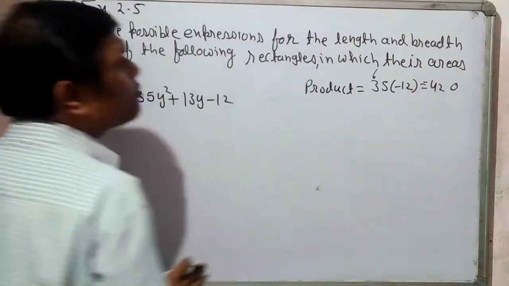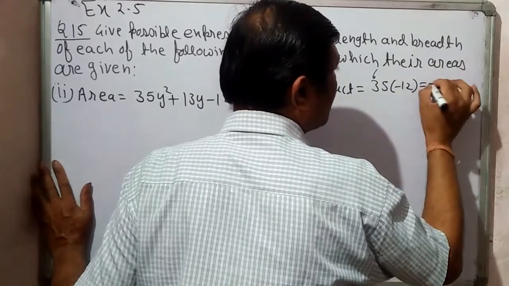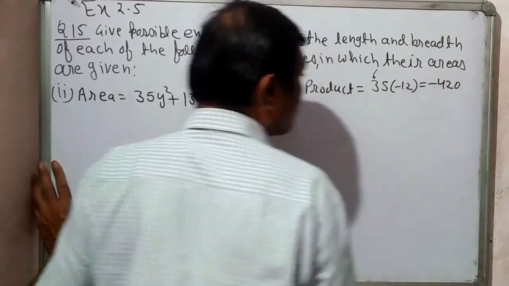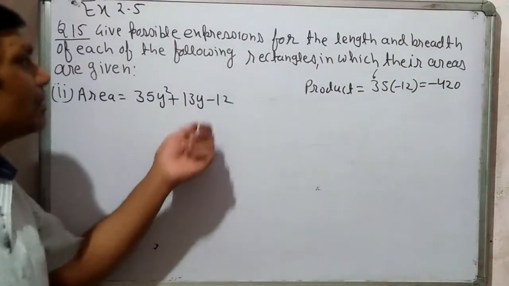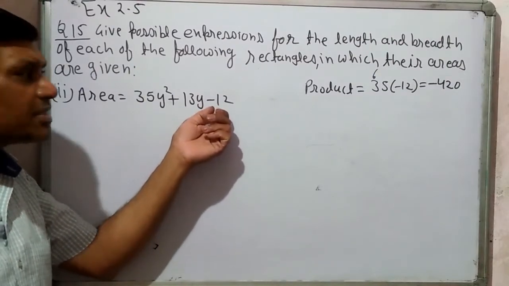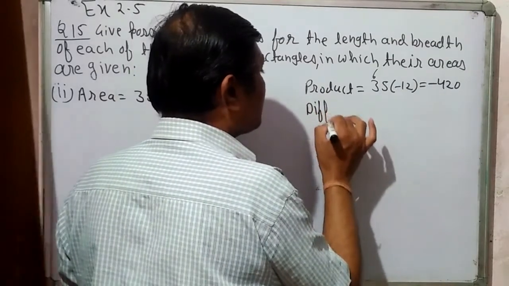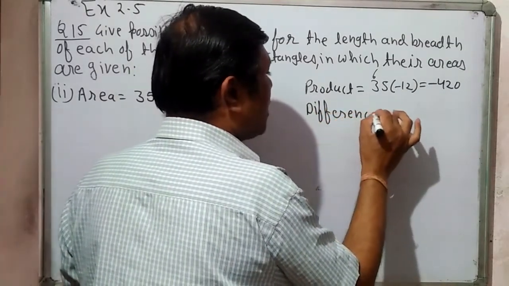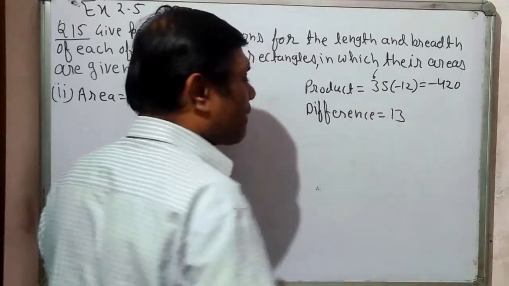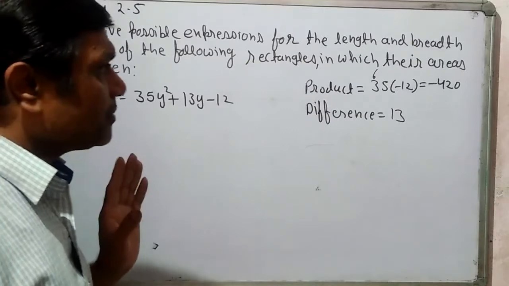We have negative 420 as the product requirement. Because the constant term is negative, we need the difference as 30.